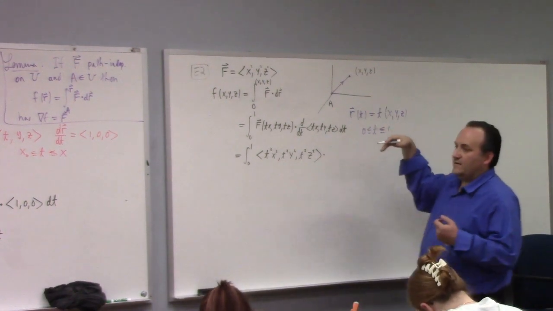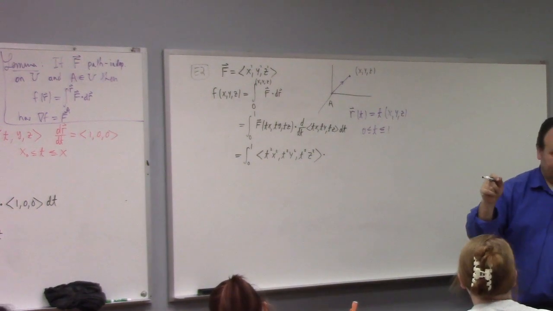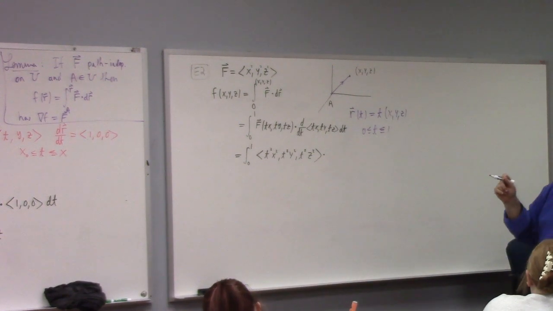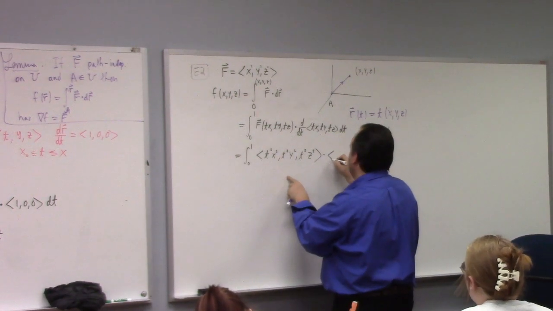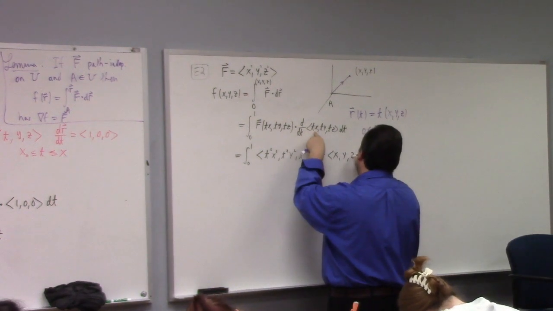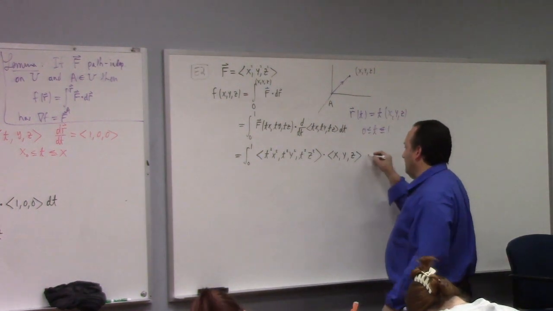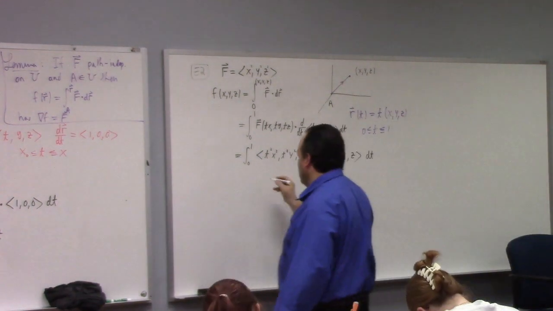But on the other hand, what's the derivative with respect to t? Keep in mind, throughout this whole calculation, (x, y, z) is a fixed but arbitrary point. All right? So this is just (x, y, z). Take the dot product, what have you got?